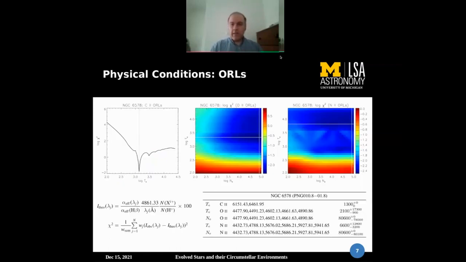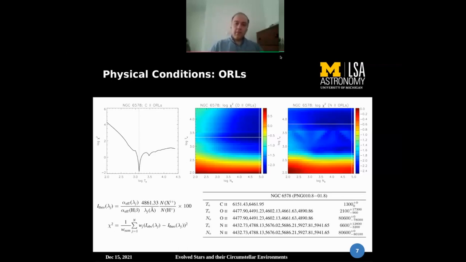Using the fact that the emissivity of heavy element optical recombination lines has a relatively big dependence on electron temperature, we can also use recombination lines to constrain the temperature and density.